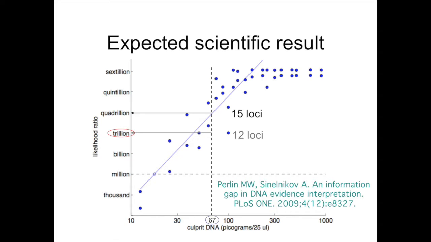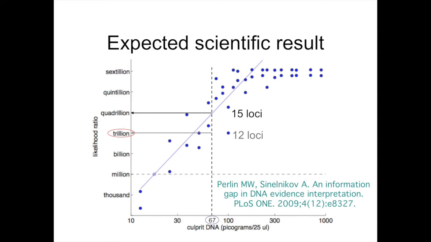But we were finishing up a paper at the time based on totally independent data of known composition, which showed that there was this relationship when we used TrueAllele. And in fact, by looking at those dotted lines, we predicted with 12 genetic tests, 12 loci that were used, that we actually expected a match statistic in the hundreds of billions or around a trillion based on science, not based on what some other method might have done.